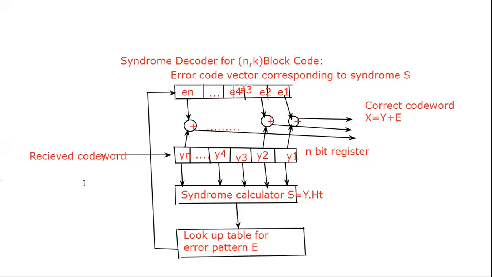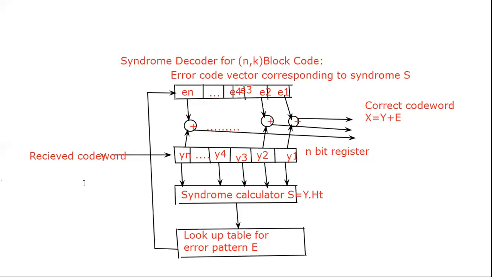Is it clear? Once again, I want to repeat that. The received n bit code word Y is stored in an n bit register. This code vector is then applied to a syndrome calculator to calculate syndrome S is equal to Y H transpose. In order to obtain the syndrome, the transposed parity check matrix H transpose is stored in the syndrome calculator.